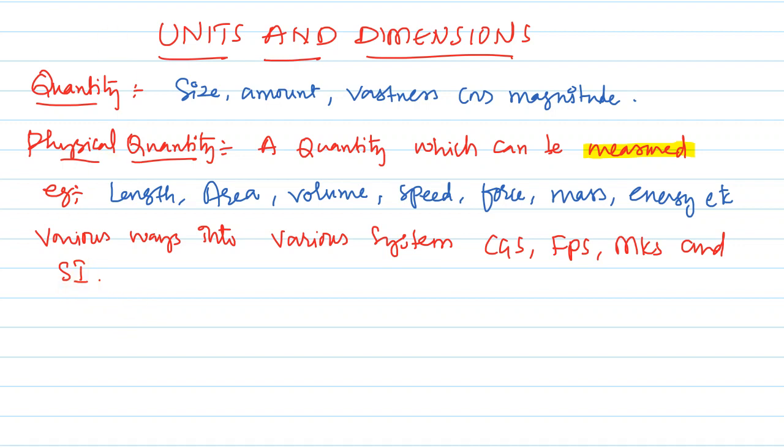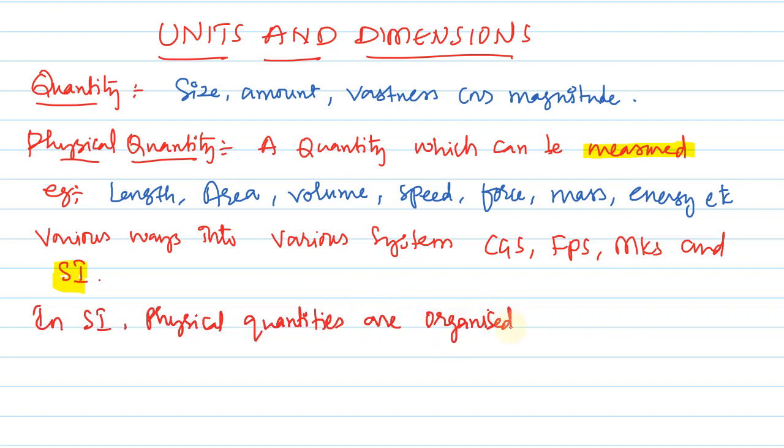So more importantly, the SI system is considered internationally. Let us see how physical quantities are organized in the SI system. In SI, physical quantities are organized into three groups. Let's see what they are.